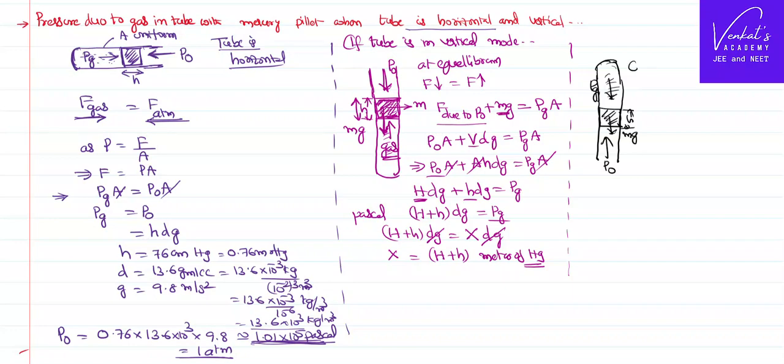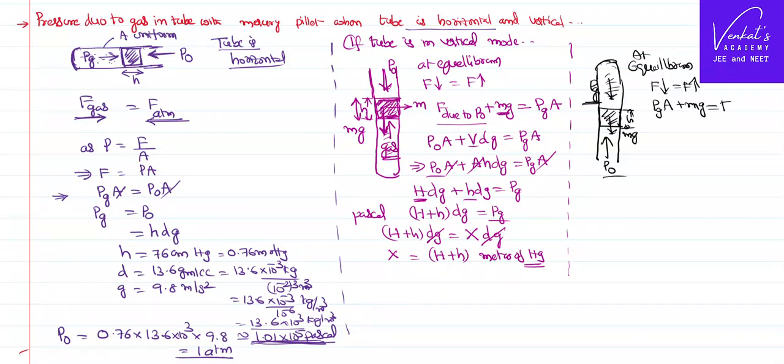So I can write at equilibrium, total force downward is force acting upward. The total force acting downward is the force due to the gas, that is pressure due to the gas times area, plus the weight of the mercury pellet.